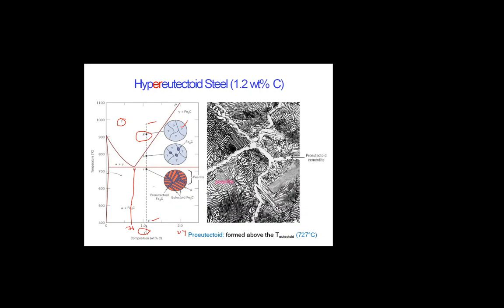This is shown at the point H, and the transformation happens due to the concentration of carbon. In this gamma plus Fe3C field, at the point H, the cementite phase begins to form along the initial gamma grain, and the gamma phase will be present with the composition of C1, as we have taken in our consideration.